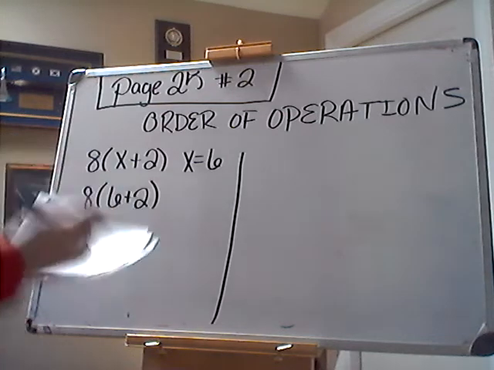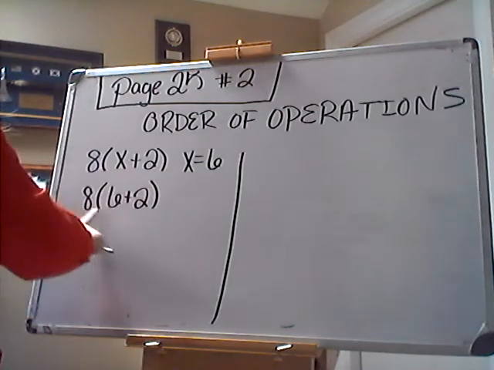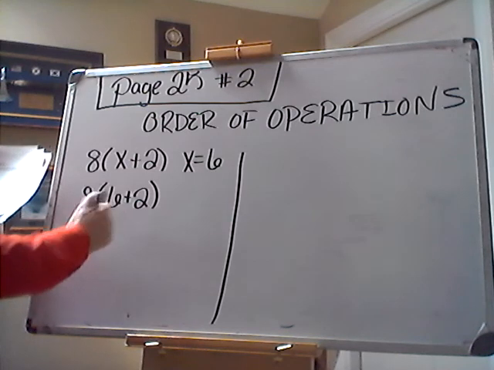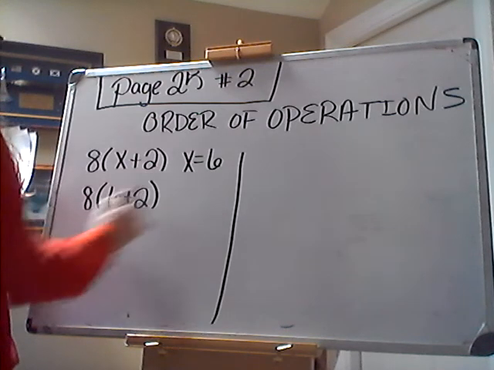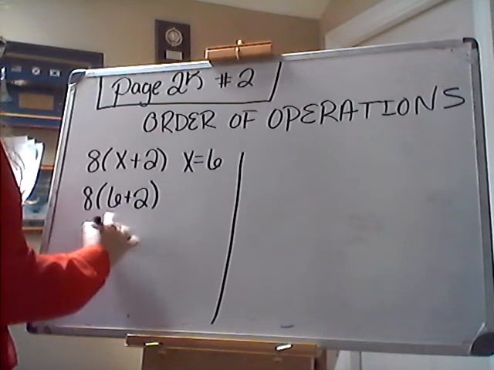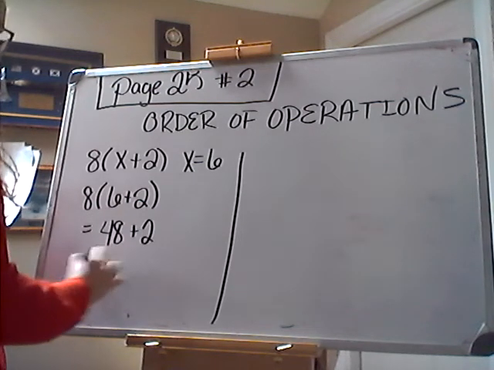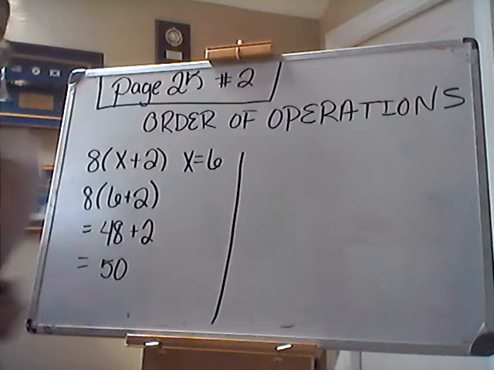The student on your paper wrote that. They said 8 times 6 plus 2. Then they wrote that equals 48 plus 2, which equals 50. That's what they think the answer is.